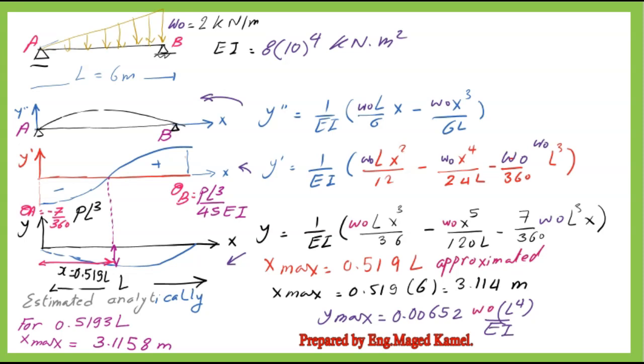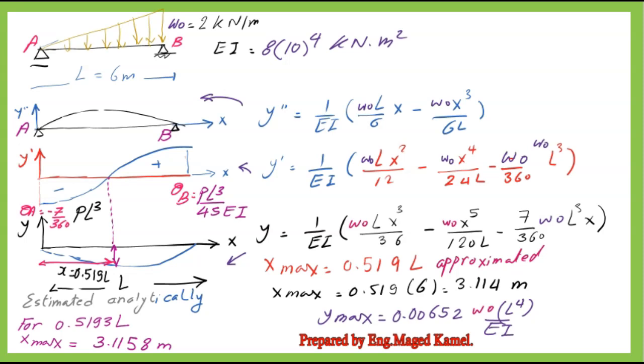This is the deflection, for which we have a maximum deflection at x equal to 0.5193 L. For a span of 6 meters, we expect to have the X maximum distance equal to 3.1158, with a value of 0.00652 W naught L to the 4 divided by EI.